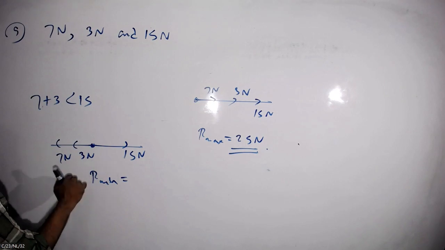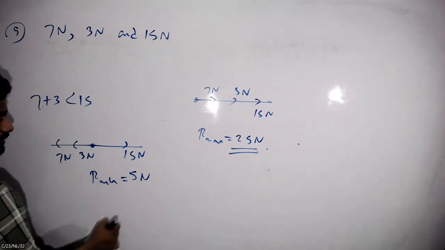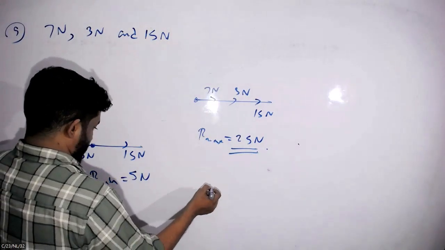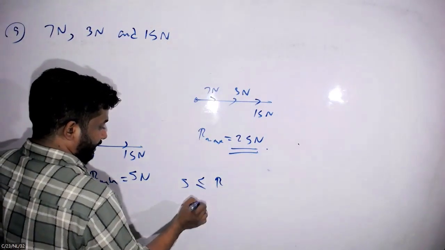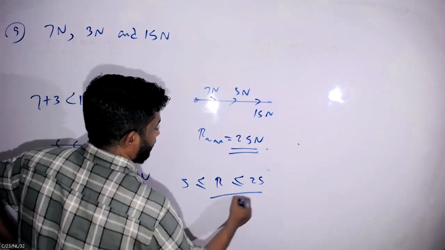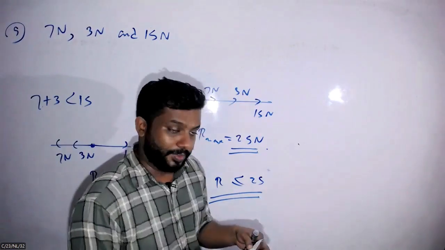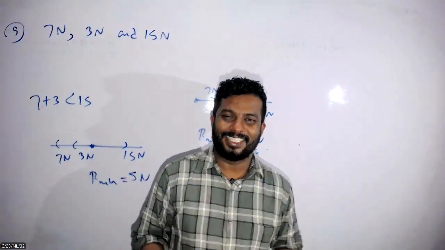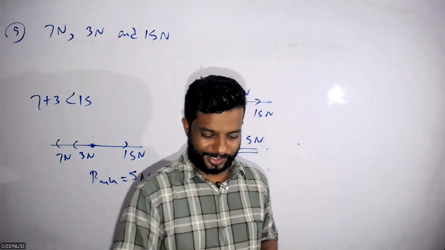That is, the minimum resultant is equal to 5 Newton. Therefore, the resultant of three vectors should be equal to or greater than 5, and equal to or less than 25 Newton. So 0 Newton, 26 Newton, 4 Newton, they cannot produce any of these three. Right? Let's see the next question.